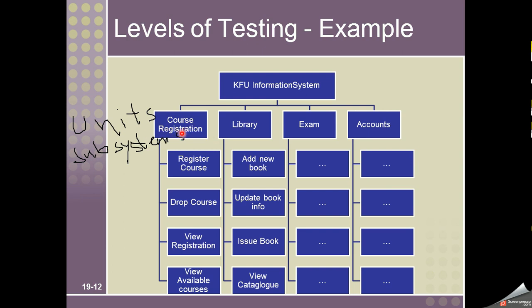Course registration is a subsystem or a unit, library, exams, and accounts. Now every subsystem has many individual events. For example, the course registration system has register course event, drop course is another event, view registration is another event, view available courses is another event, and so on and so forth.